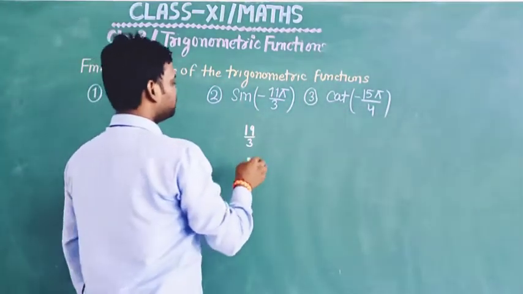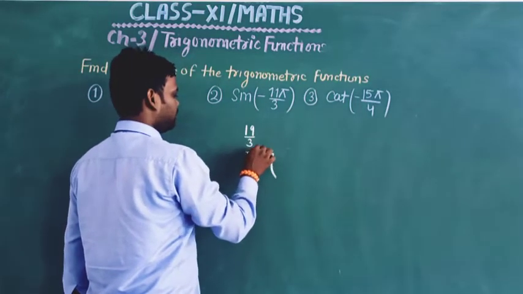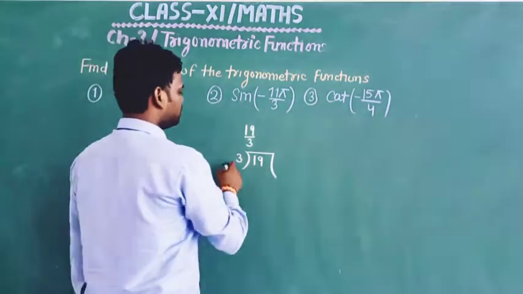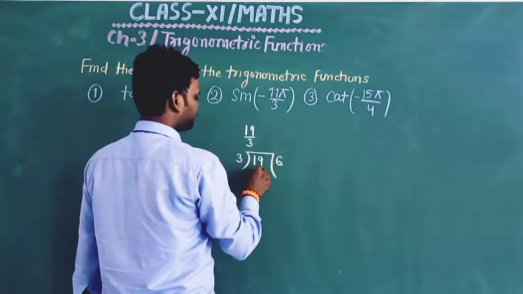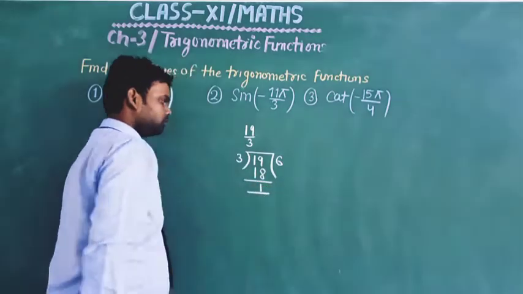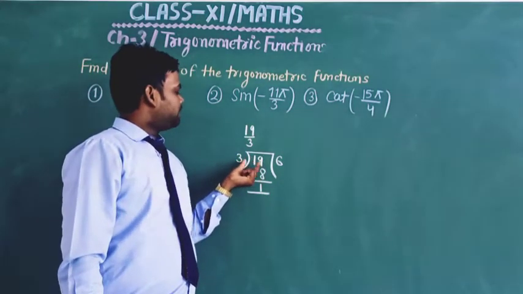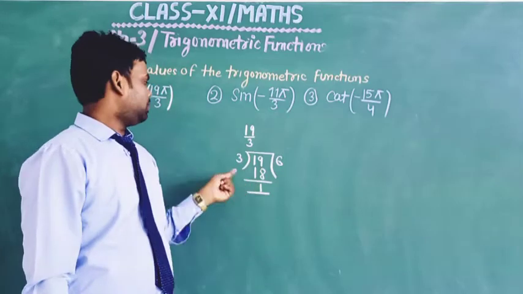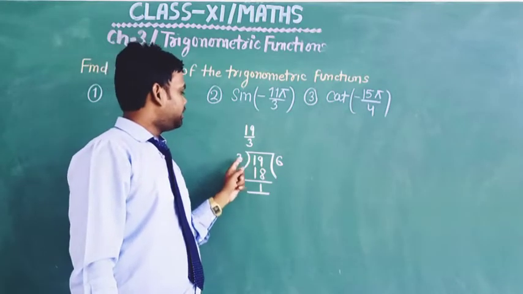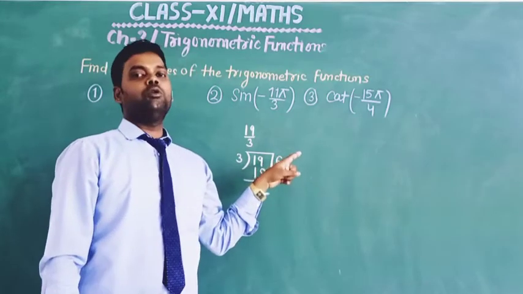So 3 sixes are 18, and the remainder is 1. Now again, what will come when we divide 19 by one more time? Here 6 means one more, 7.